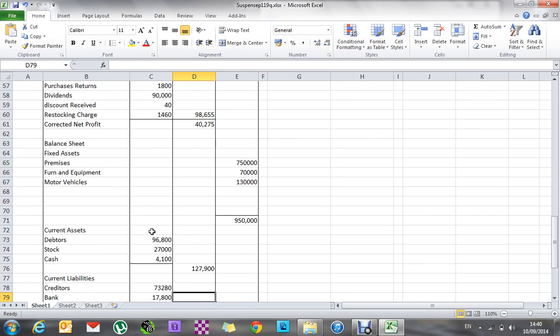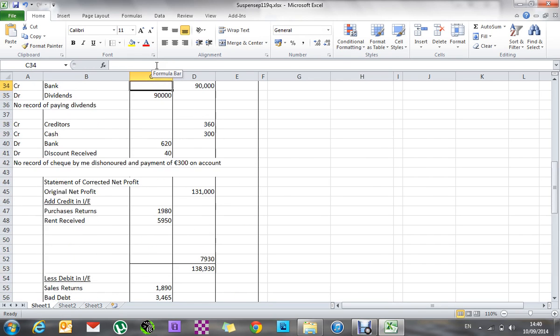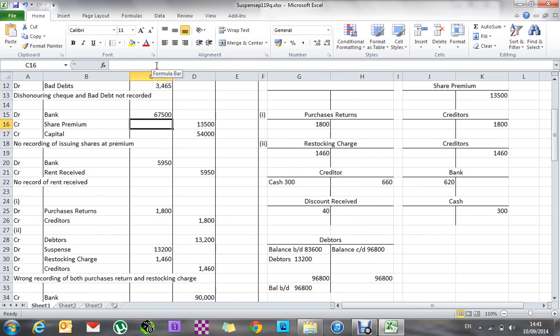So down here, plus 3,645, and then we have minus. The reason it's minus is that this overdraft is going to get smaller, and it was 67,500. Just quickly checking, that's 67,500, so that's done right.